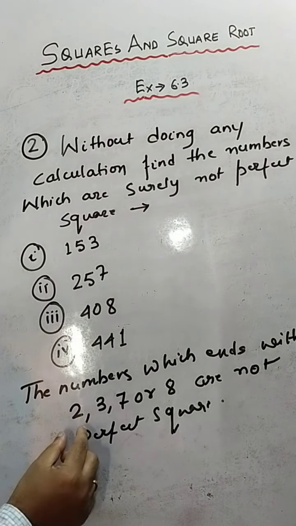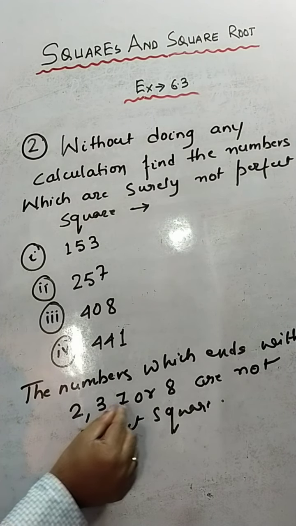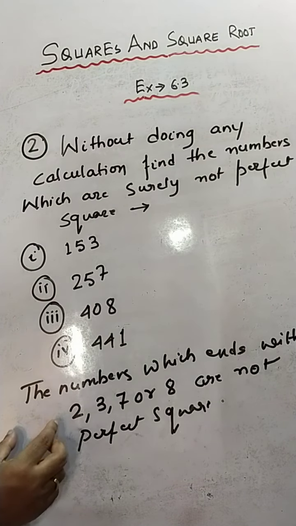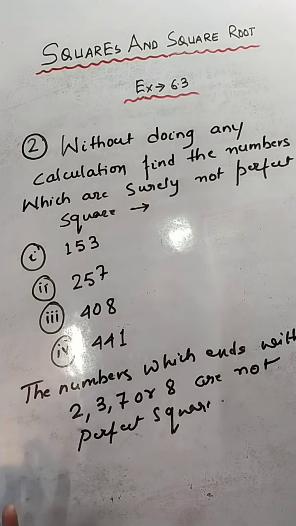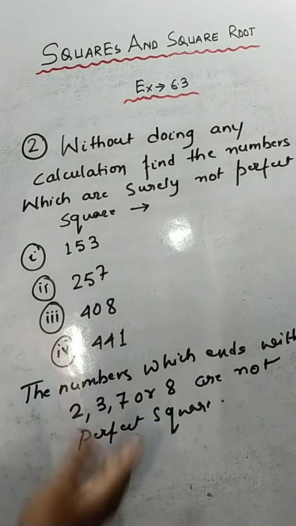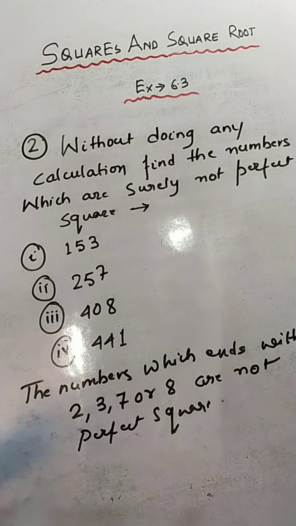So if any number is ending with 2, 3, 7 or 8, or odd numbers of zeros also, those numbers will be considered not a perfect square.